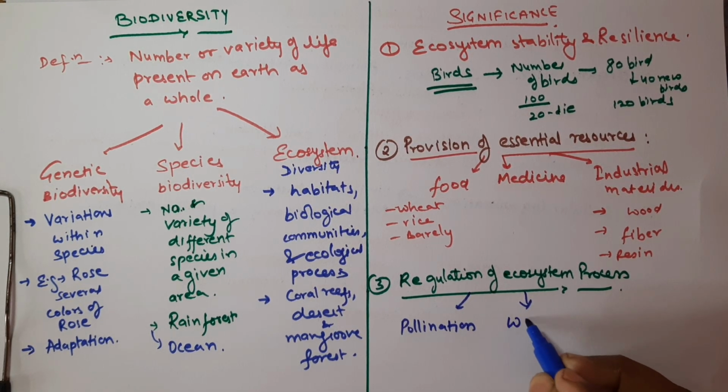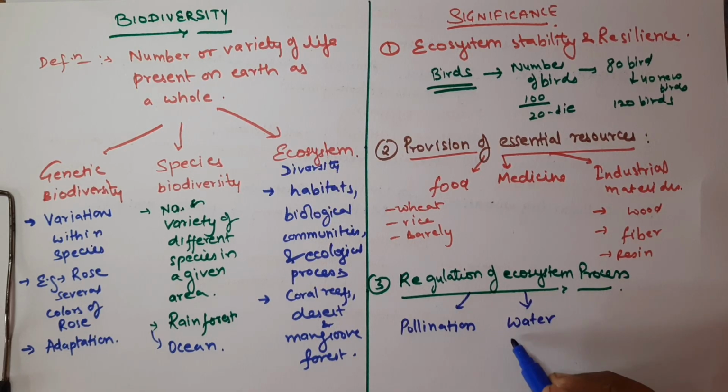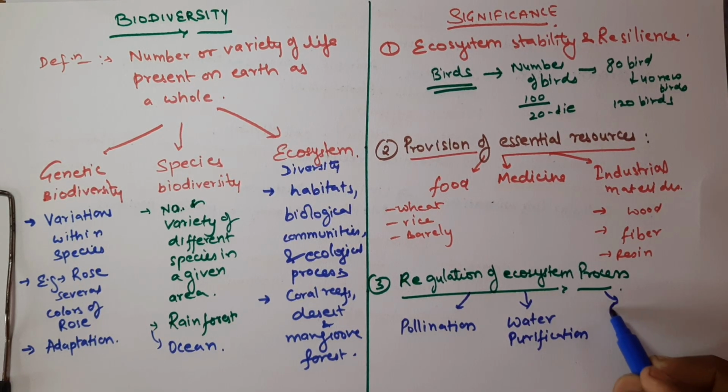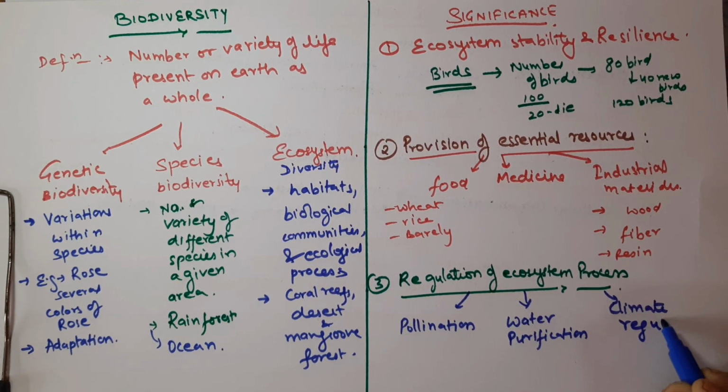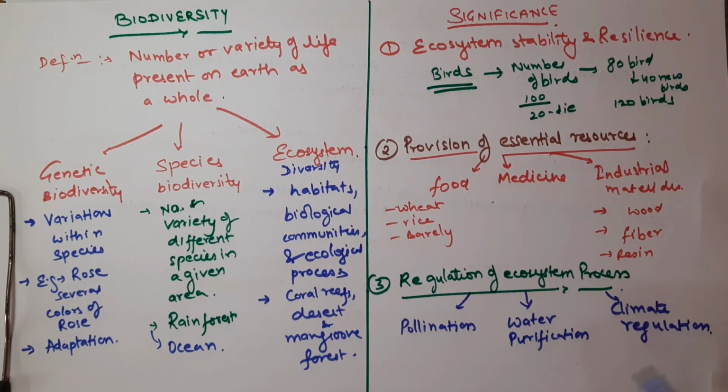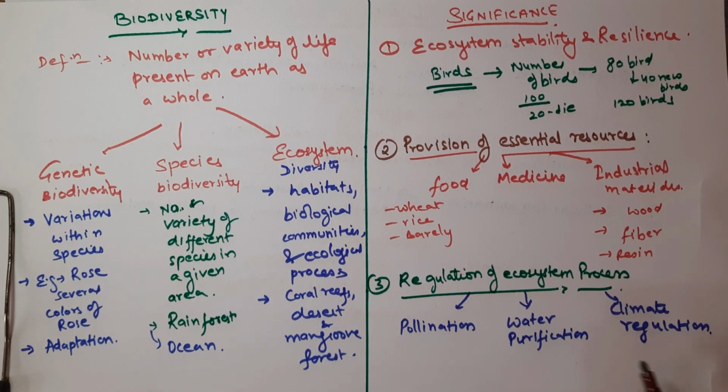Diversity also helps in water purification and climate regulation. The wetlands and forests filter and purify water, ensuring clean drinking water for millions. And the forest absorbs carbon dioxide, which helps to mitigate climate change.